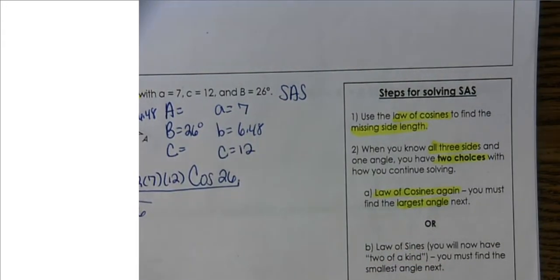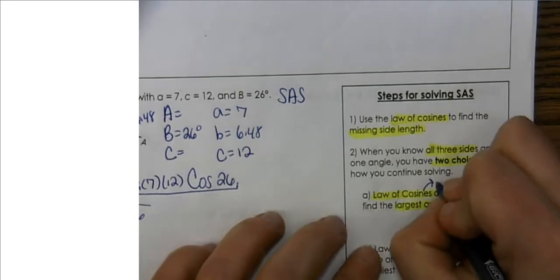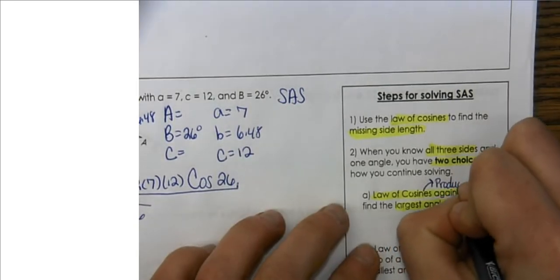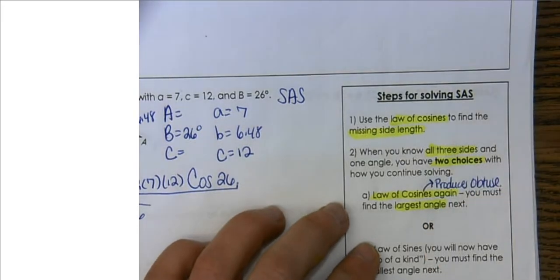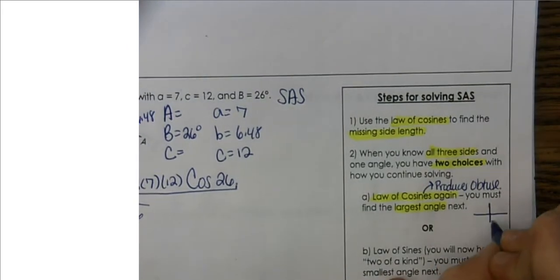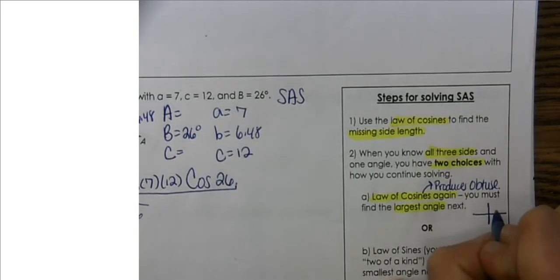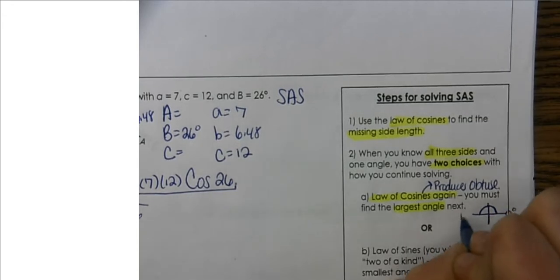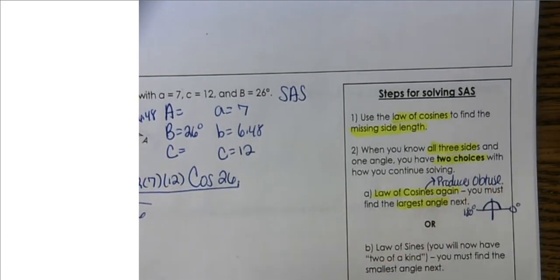The reason is that the law of cosines produces obtuse angles. If there is an obtuse angle, we would be able to find it using the law of cosines. That's because whenever a calculator gives us an answer for cosine, it's an answer between quadrant 1 and quadrant 2, from 0 degrees all the way to 180 degrees, which means that an obtuse angle could be produced.